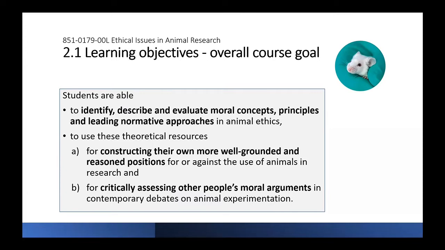So this is an ethics course. They need theoretical resources, background, fundamental aspects for constructing their own more well-rounded and reasoned positions for or against the use of animals in research, and for critically assessing other people's moral arguments in contemporary debates on animal experimentation.